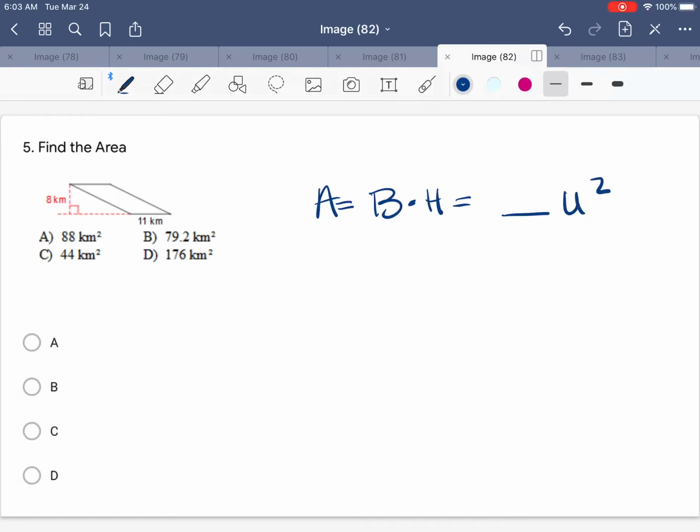So on this one, my base is going to be the 11, and my height is going to be the 8. So let's put these in. My base is 11 times my height is 8 equals whatever my units are. So pick out what the units are over there, and whatever those units are squared.